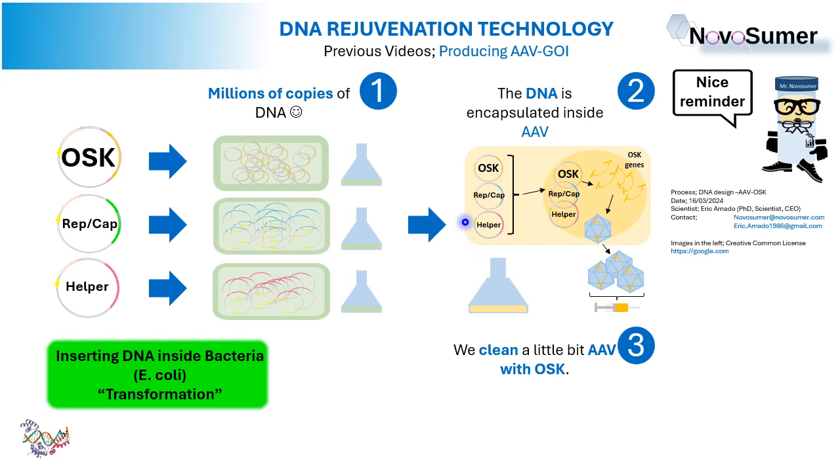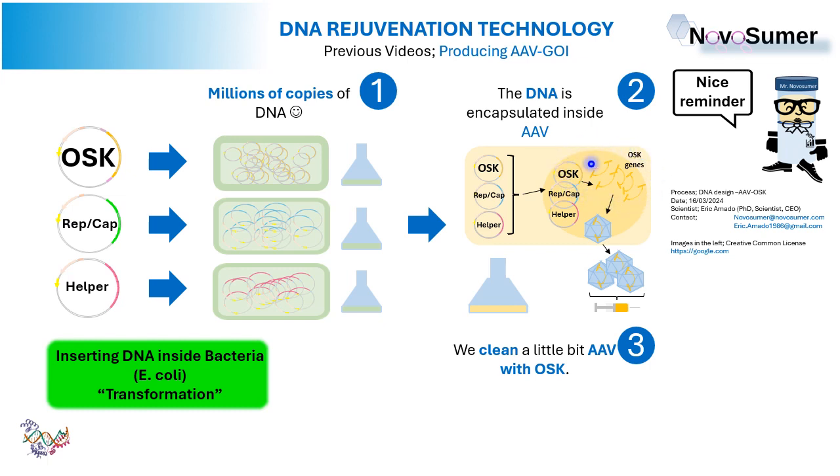Do you see here the three DNAs with OSK, RepCap, and the helper genes? Yeah? They will work together to produce copies of the OSK genes. The three DNAs will cooperate to produce copies of the OSK genes.